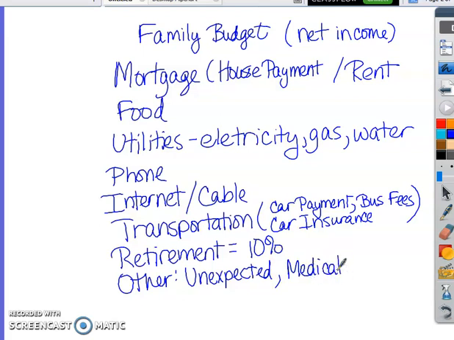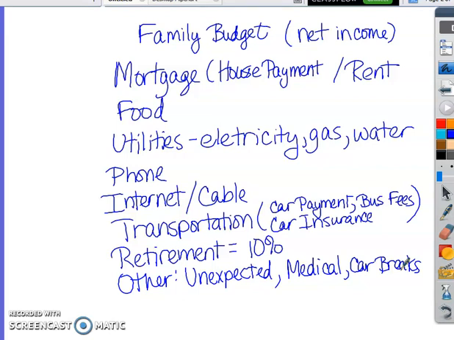I'm not talking about medical premiums, but maybe a prescription, okay? That could go under medical, going to the doctor. Maybe your car breaks. You always want to make sure that you have extra money earmarked for other, okay?